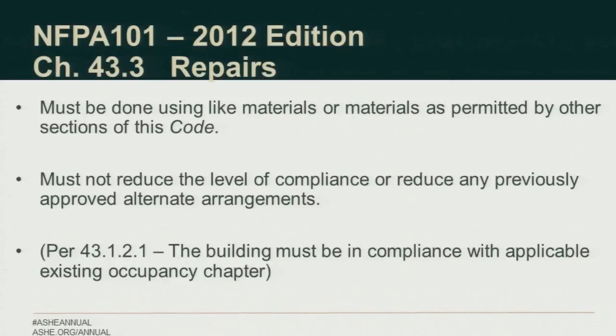Now, if I don't have that, and I have to replace it with something, I at least have to meet existing code. You must never reduce, and this is a common theme throughout this whole chapter, you can never reduce the level of compliance to less than it was before you started. You've always got to at least maintain this. We're stepping it up, but you never drop down.